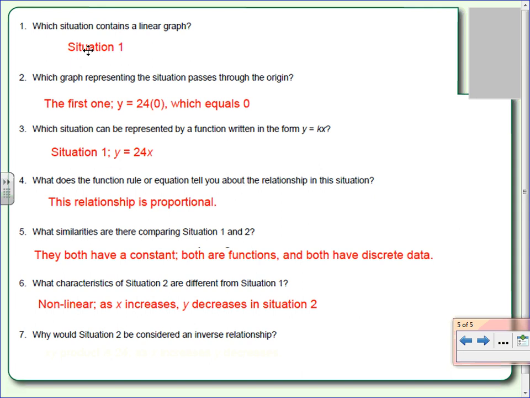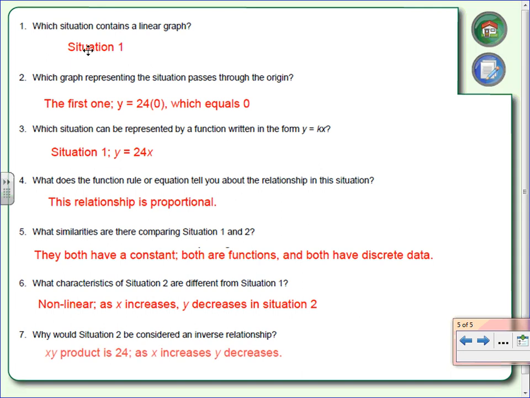And then the last one here says, why would situation 2 be considered an inverse relation? Now, we haven't talked too much about inverse relations yet, so just go ahead and put this down for me right now. X times y, xy, the product is 24.